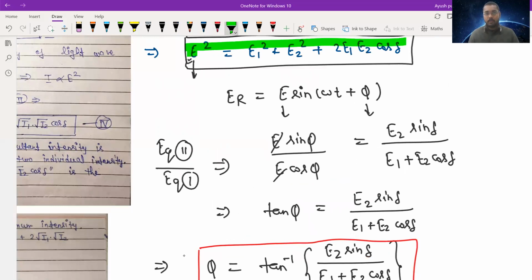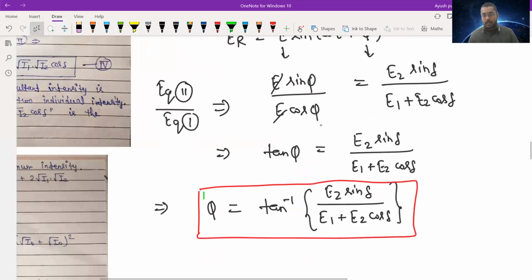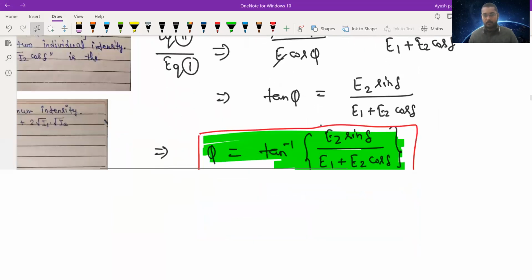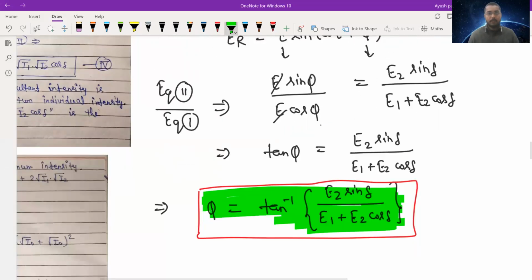This one is an important equation, and it will be used in many questions and many formulas, and this is also important. I am also star marking these so that you will remember these two equations.